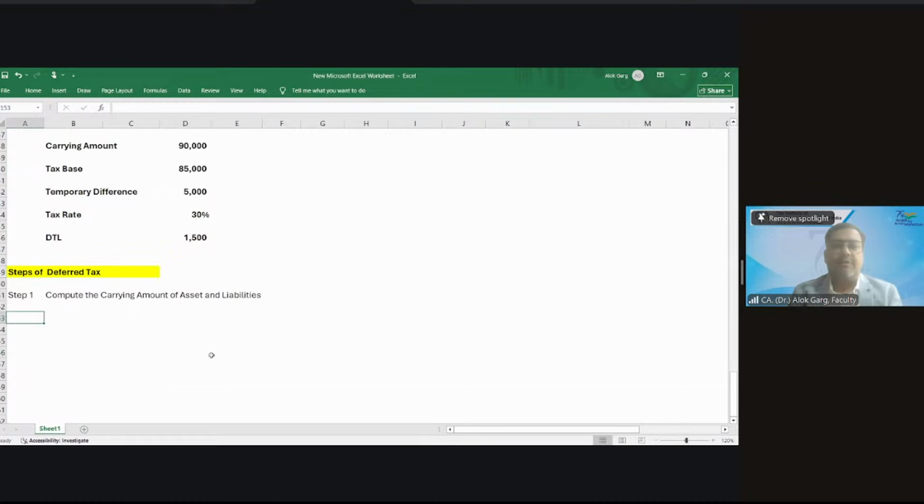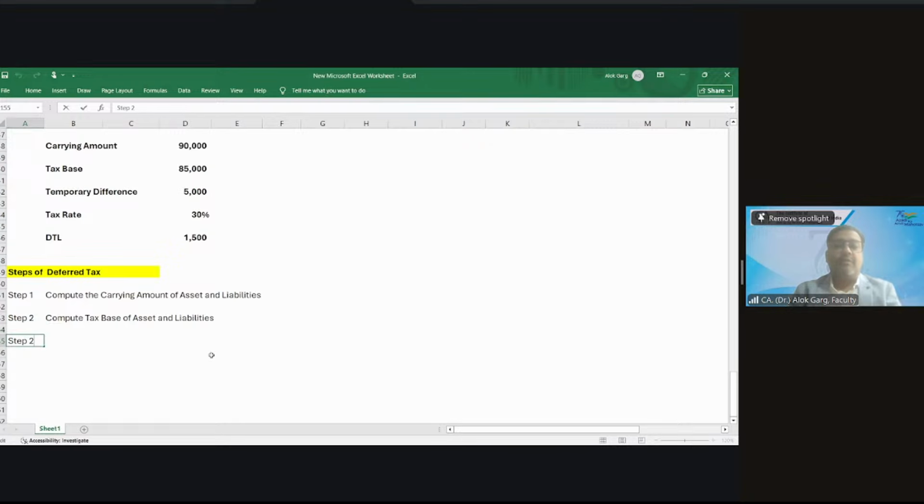What is my step number 2? Yes, tax base. Step number 2: compute tax base of assets and liabilities.